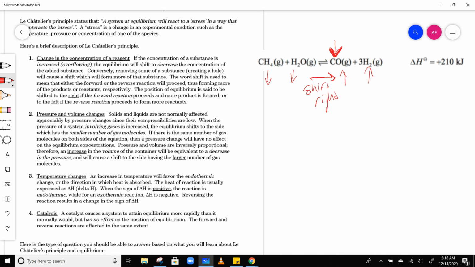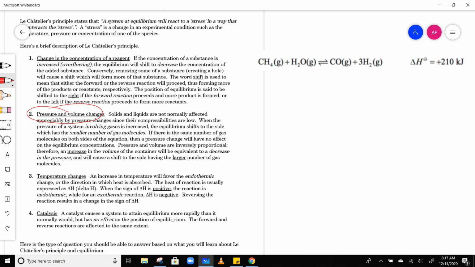So it fills a hole. Okay, so that's concentration. Changes in concentration. That's the first one. The second one, if we have pressure changes, so pressure and volume changes.